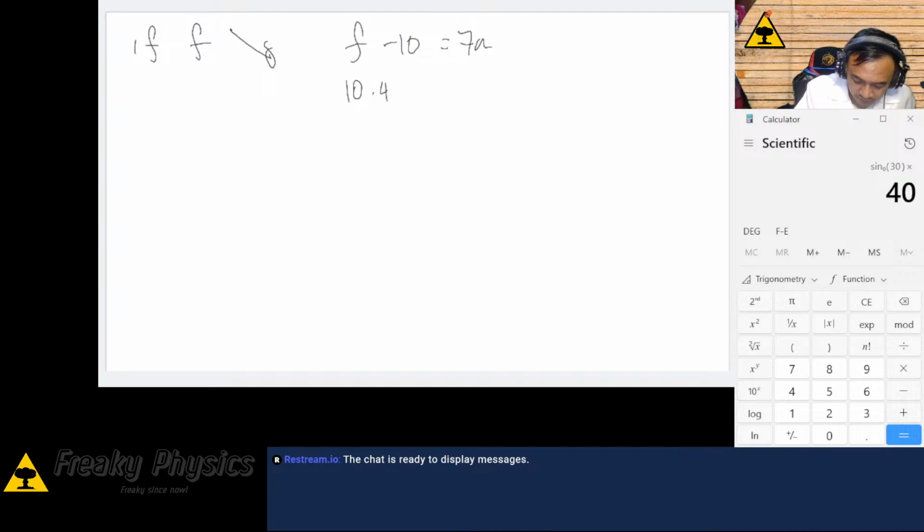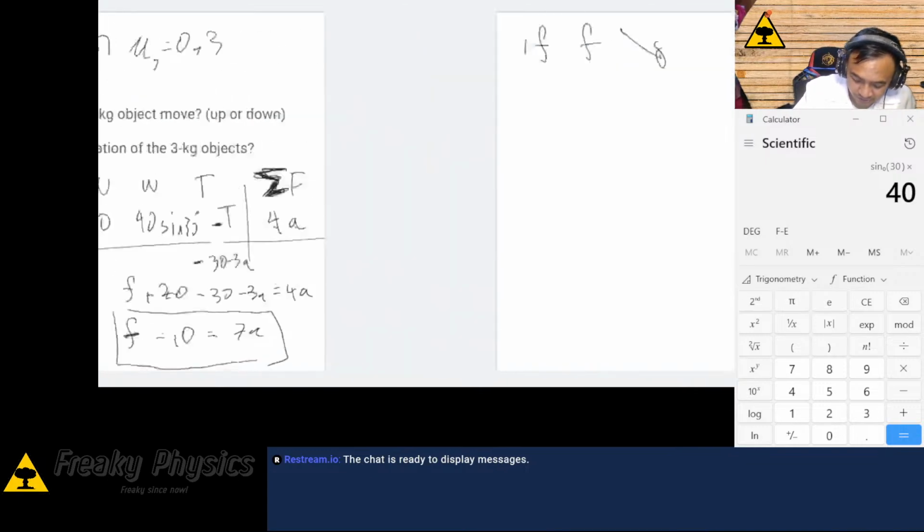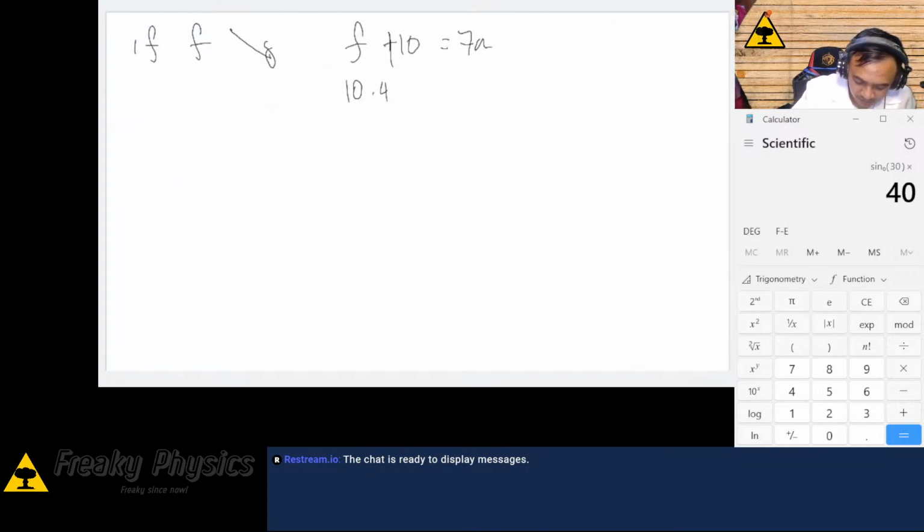So we're going to use 10.4. Sorry, this is supposed to be plus. Oh, sorry, minus. You're right, I was right. Minus. So 10.4 minus 10. Where did F plus 20 come from?